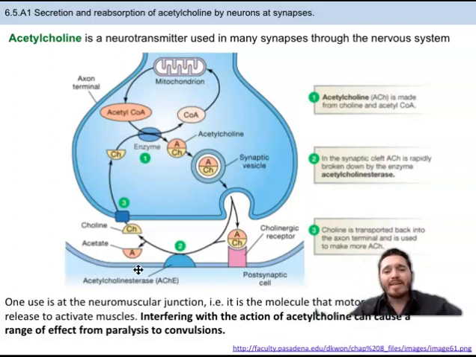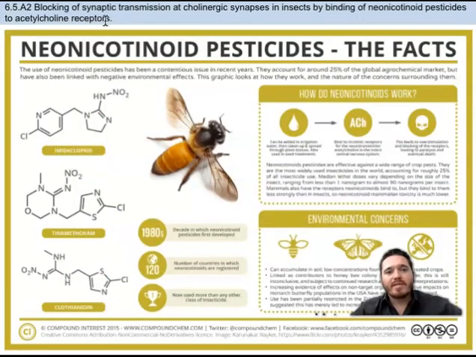And now, what in the world does this have to do with bees dying? Okay, you need to know about this last statement here about neonicotinoid pesticides. So, the statement reads, blocking of synaptic transmission at the cholinergic synapses in insects by binding of neonicotinoid pesticides to acetylcholine receptors.